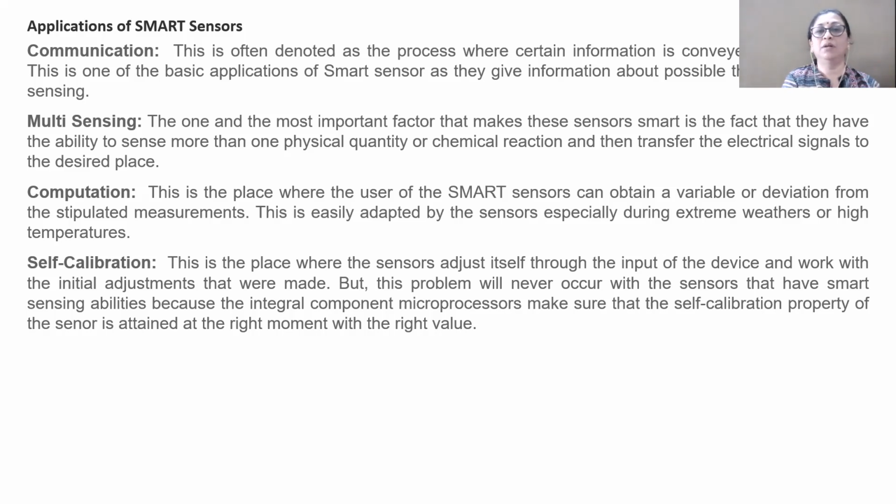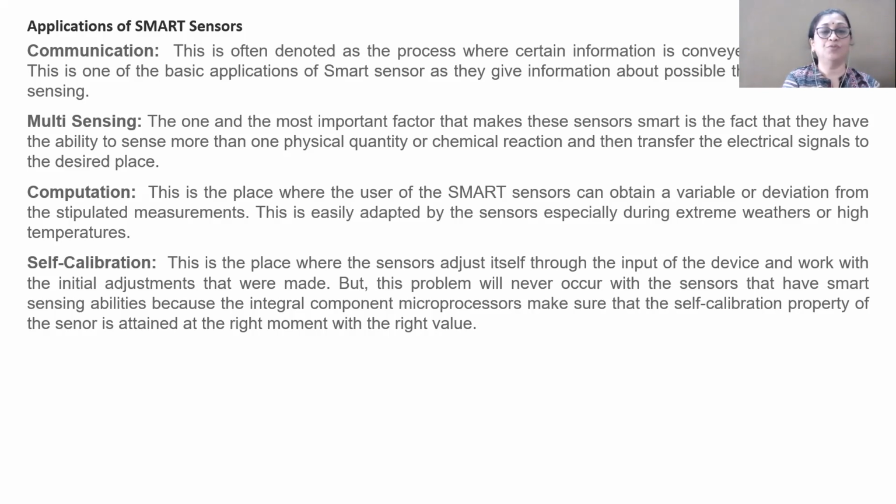For example, if some industrial process is there, and for that process you are going to control the physical parameters and chemical parameters of that process, in that case multiple sensors have to be used to control all these things automatically and to provide the controlled environment for that particular industrial process. So multi-sensing is this application of the smart sensor.